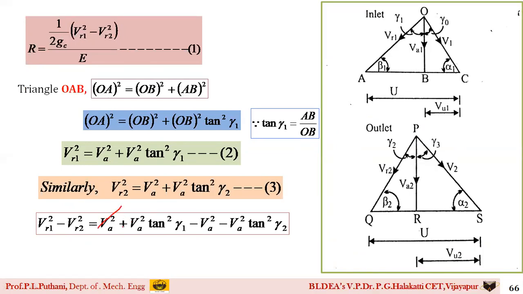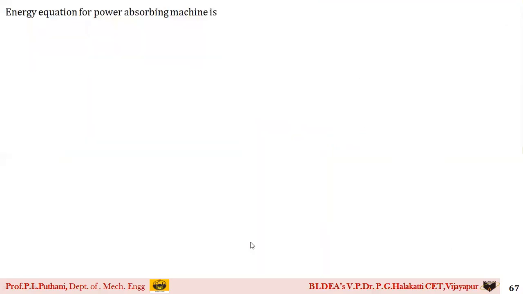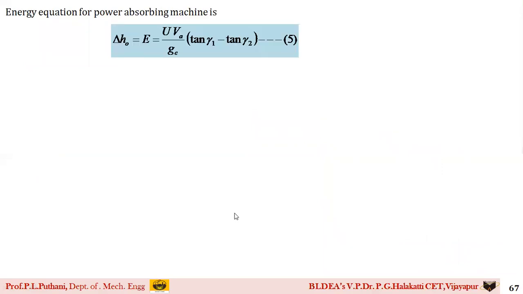Cancel the terms, VA square minus VA square. Take out VA square as common. We are remaining with tan square gamma 1 minus tan square gamma 2. That is this form. Now, the energy equation for the power absorbing machines, just now we have discussed, that is E is equal to U VA (tan gamma 1 minus tan gamma 2).